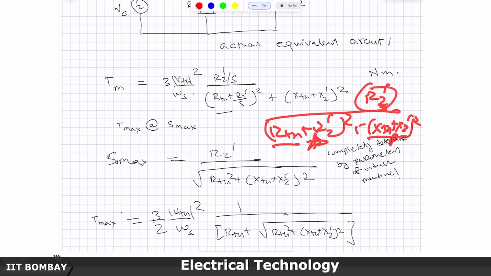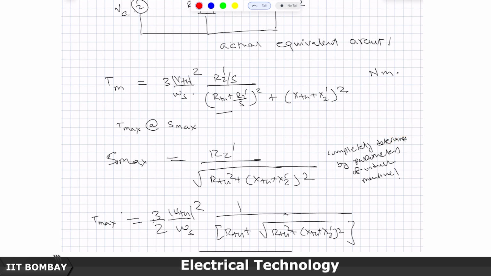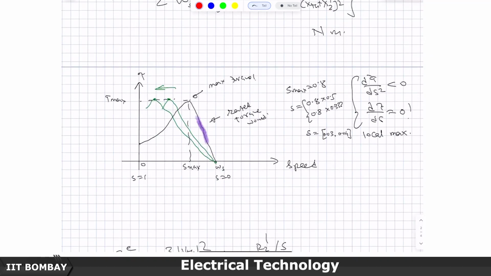So, the denominator will not change that significantly, but the numerator will change much more significantly. So, what it means is if I increase the net resistance in the rotor circuit, for the same slip 1, it will transform into a larger value of the torque. So, the starting torque usually will be more.